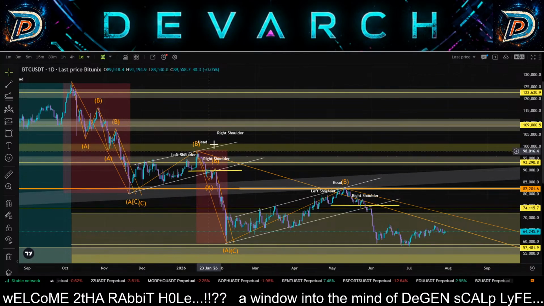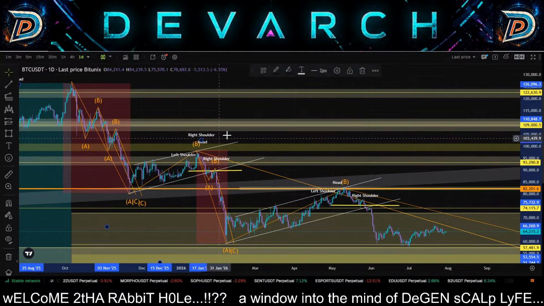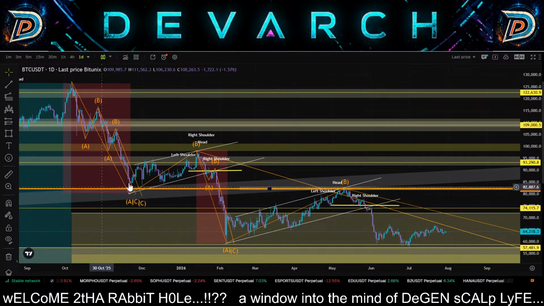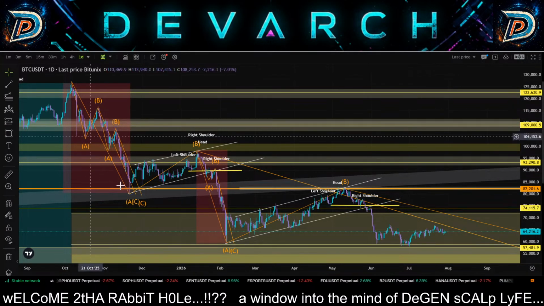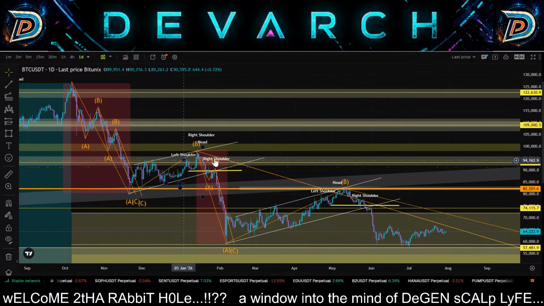So the fact that you did not see, well, here's the big major weekly right shoulder. Because we did not see an inverse head and shoulders at the bottom of this A wave, it was not the bottom, and that's why it went into a bear flag.